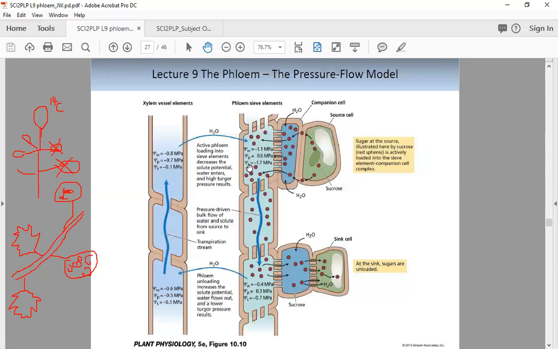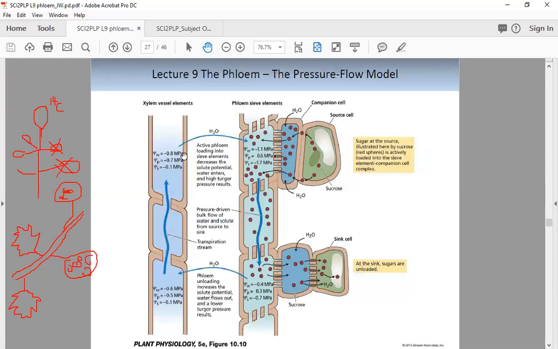It decreases or lowers this figure here. Yes, it becomes more negative. Correct. If the solute potential becomes more negative, then our water potential also becomes more negative, doesn't it? Yes. So we've got a water potential here of negative 1.1 megapascals in the phloem.